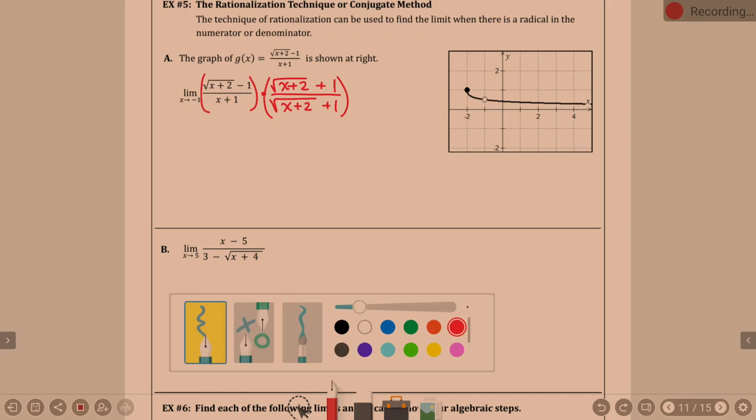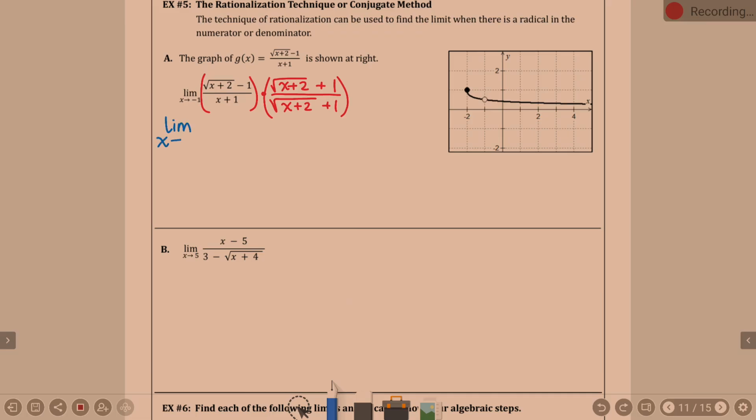So we've got the limit as x approaches -1. On top, it's a big bad FOIL. Square root of x plus 2 times square root of x plus 2 is x plus 2. These are conjugates on top, so your outer terms and your inner terms are designed to cancel.